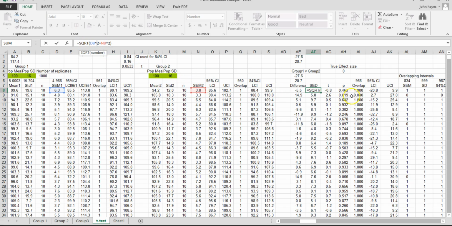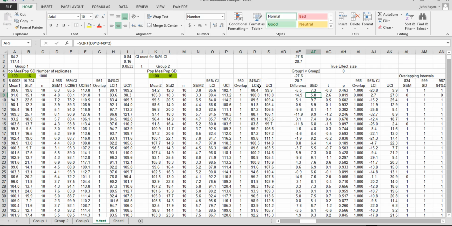Take the square root of that to get the standard error of the difference. There's a very important feature here: the standard errors are squared and they are summed. We don't take the average. It is not the average standard error. It is the sum, which makes it a lot bigger. Variability is a lot greater than just the individual ones by themselves.